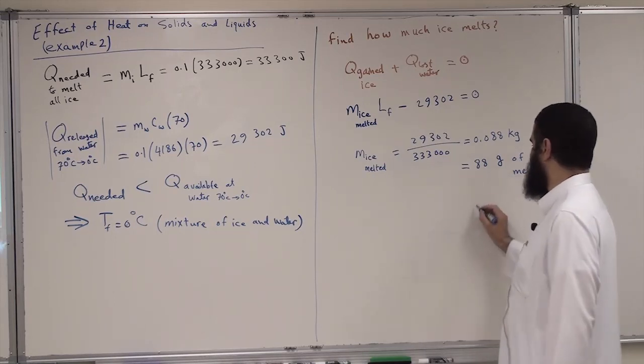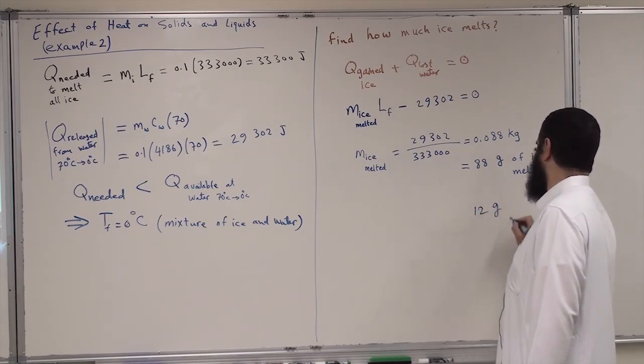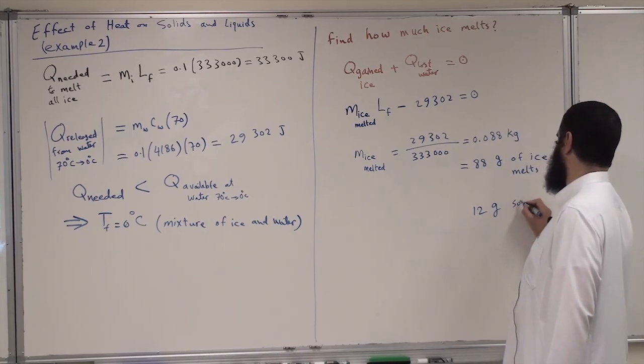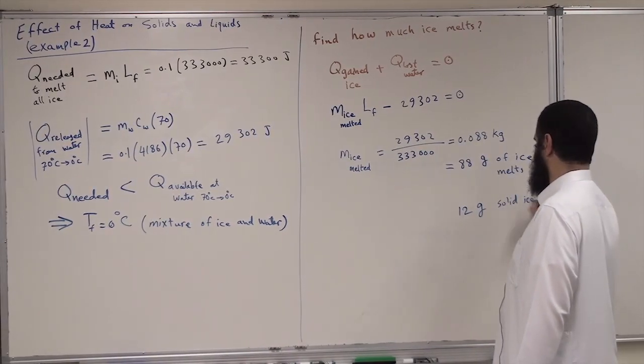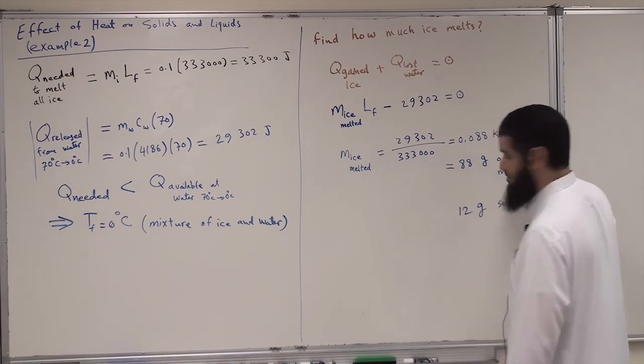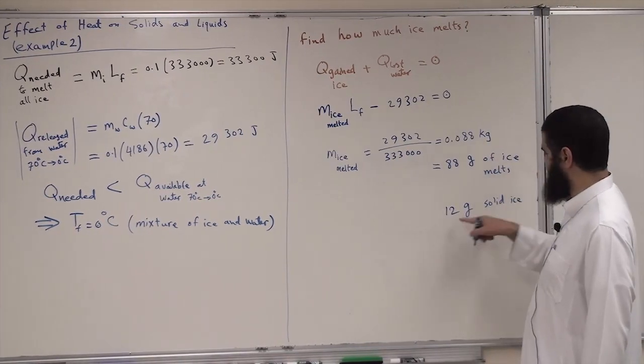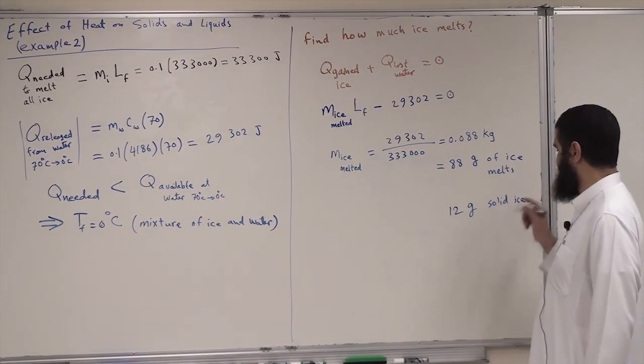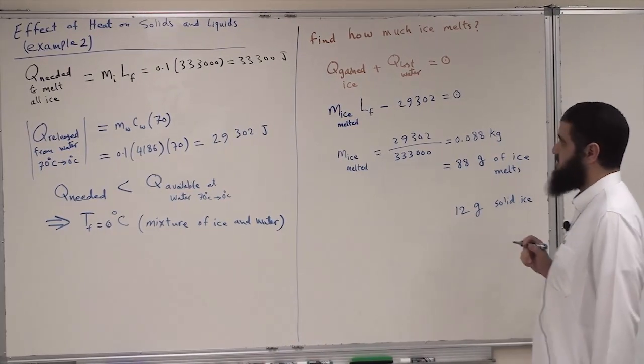And what is remaining? We'll have 12 grams of solid ice. So 88 grams is water, melted ice, and 12 grams will be solid ice.